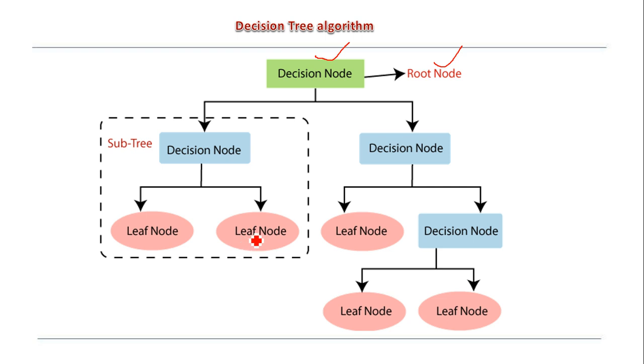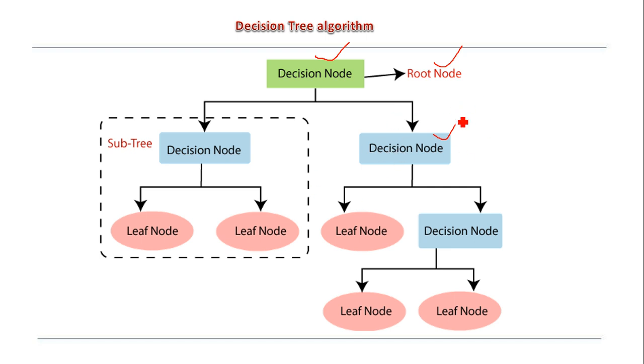This is another decision node. If no more splitting is possible, fine, otherwise we have to keep splitting the decision node into several parts till no more split is possible, because it depends upon the information gain that we'll see.